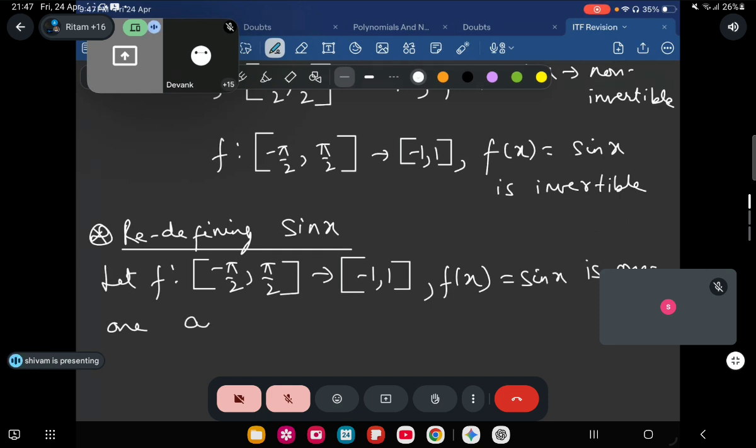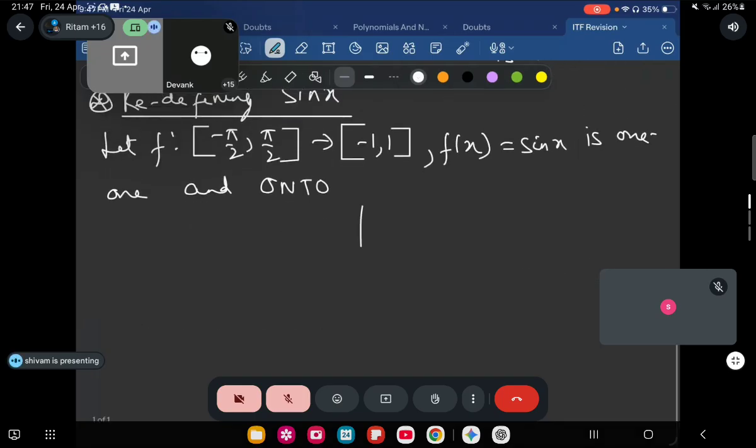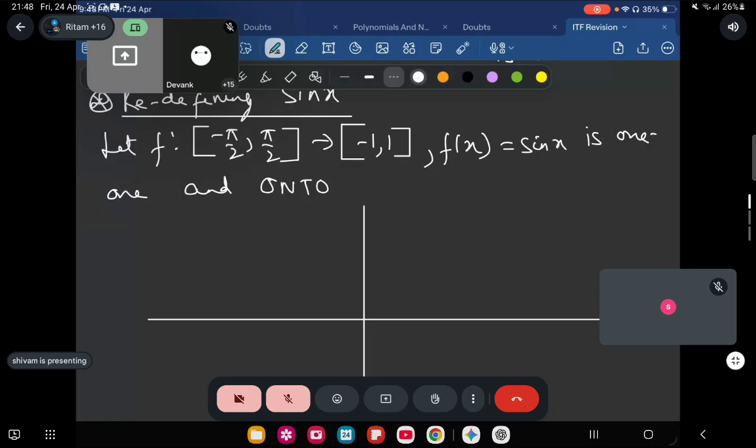And how will the graph look like? The graph will look somewhat like this. Pay attention. The graph will be strictly between minus pi by 2 to pi by 2, and this is how it is going to look like. f of x equal to sin x.